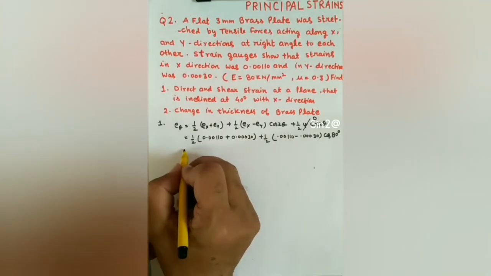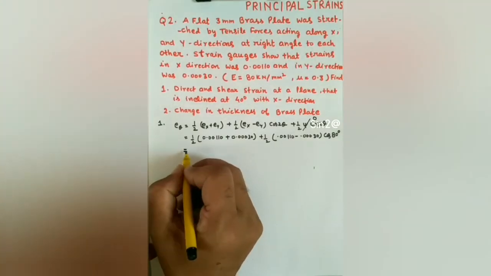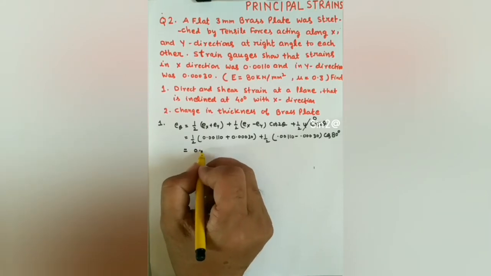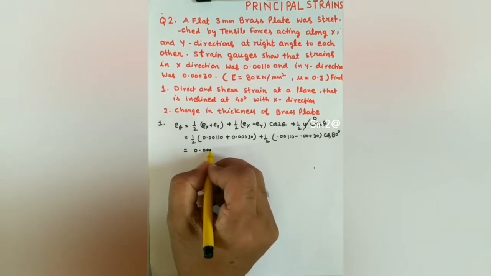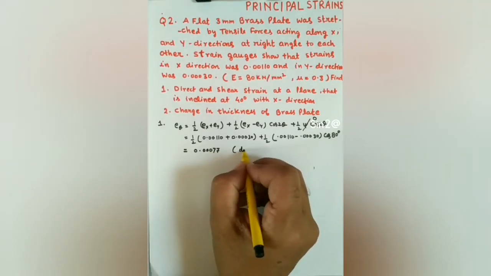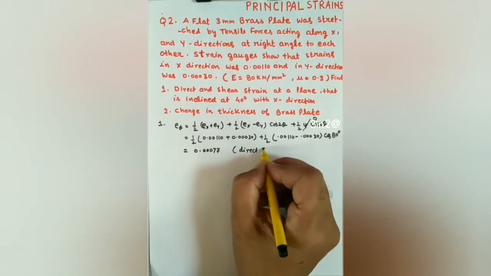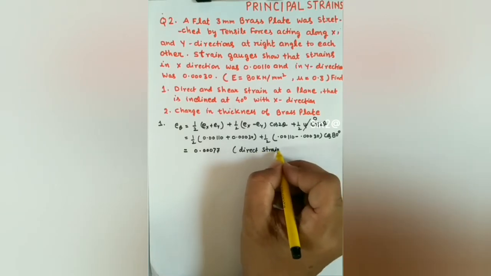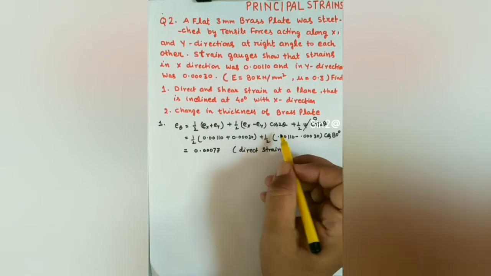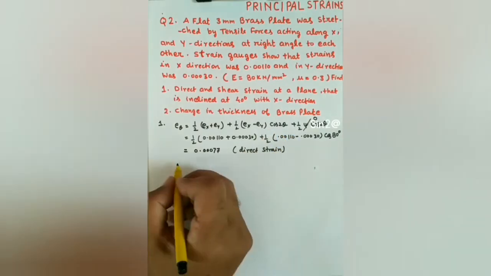This gives value of direct strain E theta equal to 0.00077. This is direct strain at a plane which is inclined by 40 degrees from the x direction.